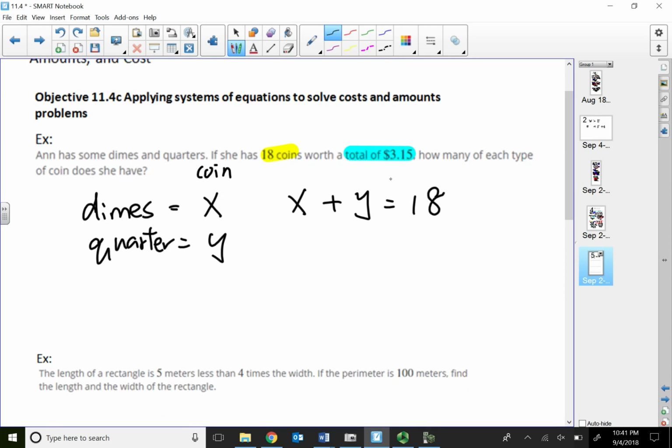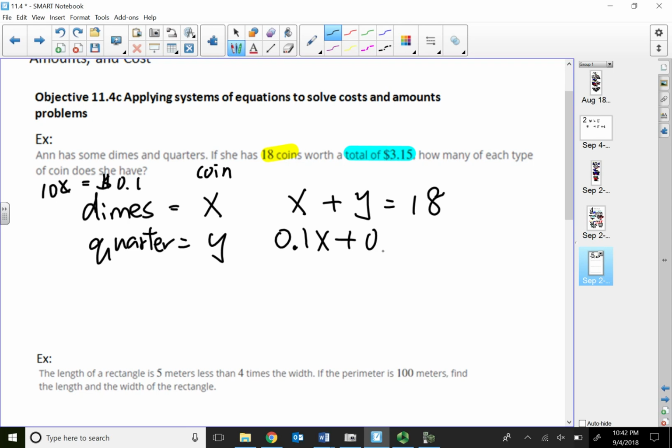The next one is going to be about money. Remember, a dime is 10 cents. 10 cents in terms of a dollar amount is 0.1. Why do I use dollar amount? Because my $3.15 is in dollars. So the value, the amount of dimes, each dime is $0.1 times x, the number of them that I have, plus the money I have in terms of quarters.